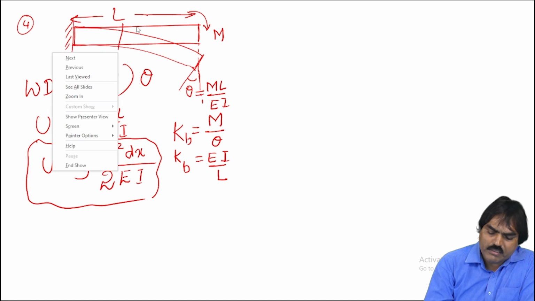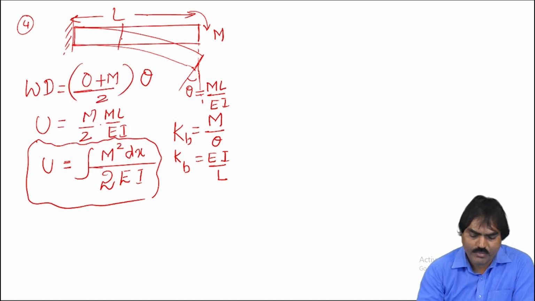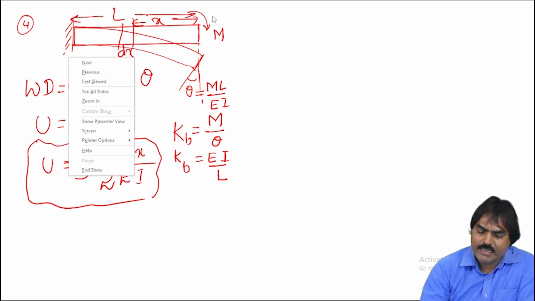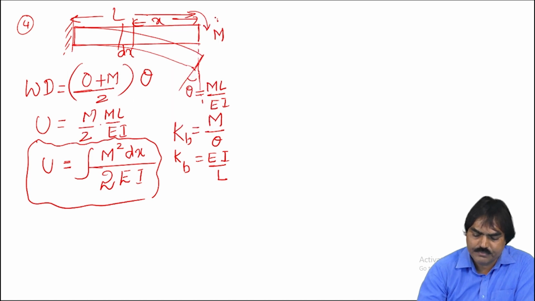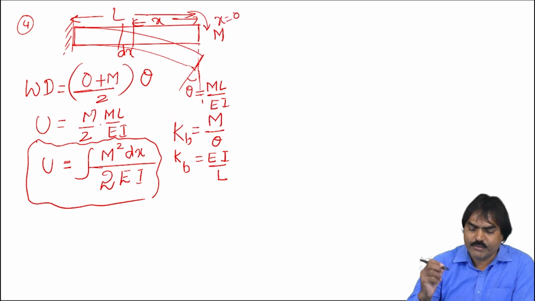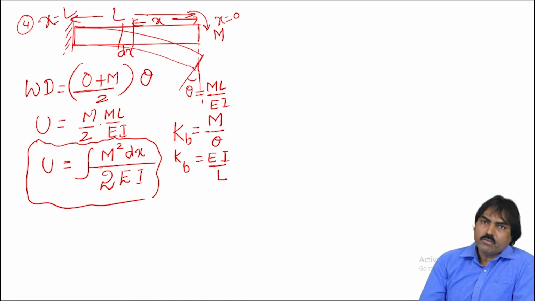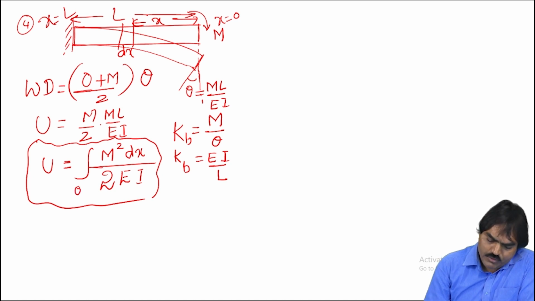So suppose this is the elemental length. We have taken here a distance equal to x. This is dx length. So what is the limit of the x? Here at the free end, x is equal to 0. All the way for the entire structure to the fixed end, x is equal to L. So the total energy means 0 to L.